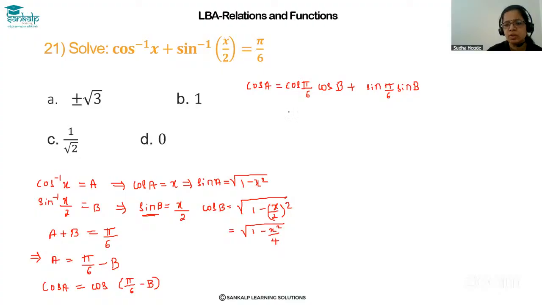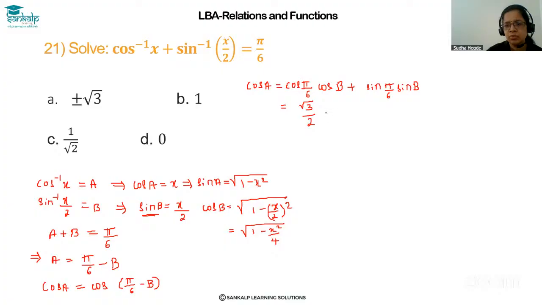Now substitute here. What is cos pi by 6, or cos 30? Cos 30 is root 3 by 2 into, what is cos B?